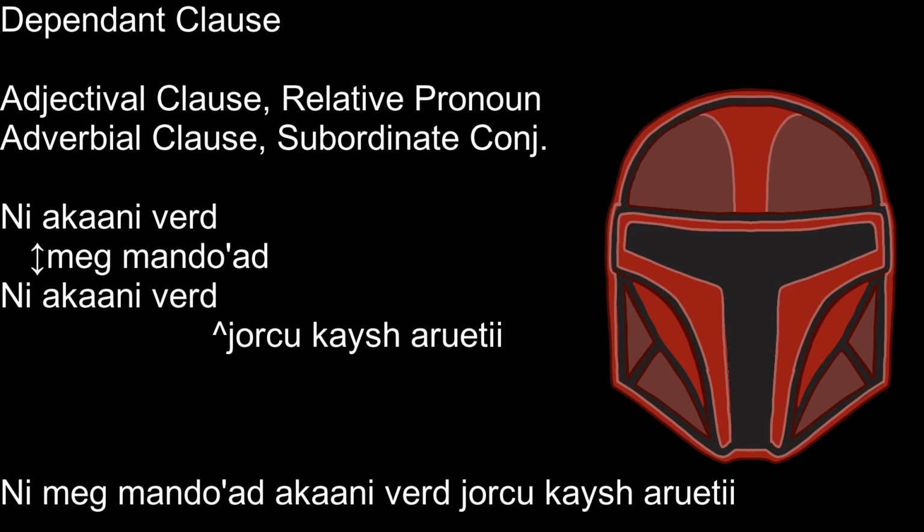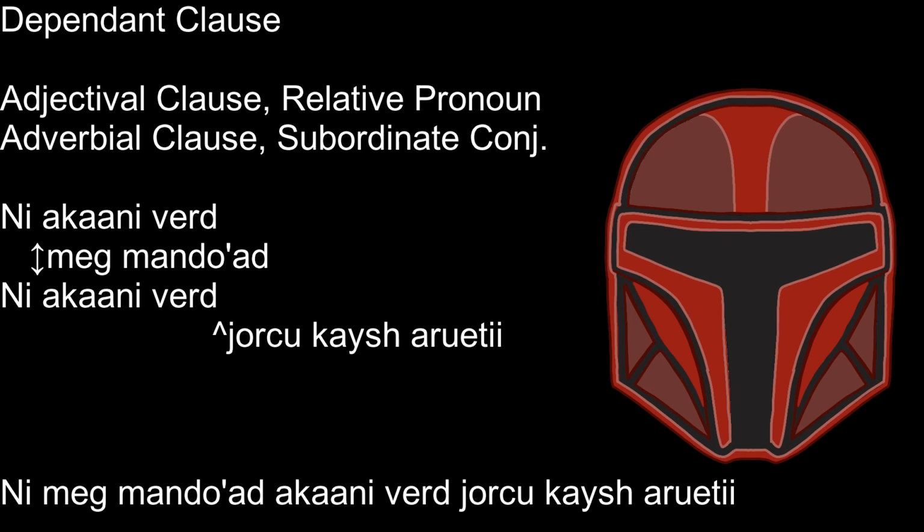Let's go back to the ni akani verd example. Ni akani verd is I fight the warrior. So let's add an adjective clause to ni. Ni meg Mando'ad akani verd. I, who is a Mandalorian, fight the warrior. And this uses the relative pronoun meg.